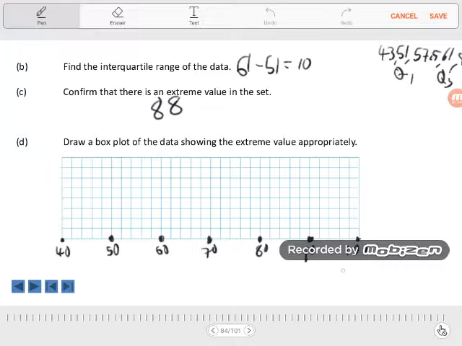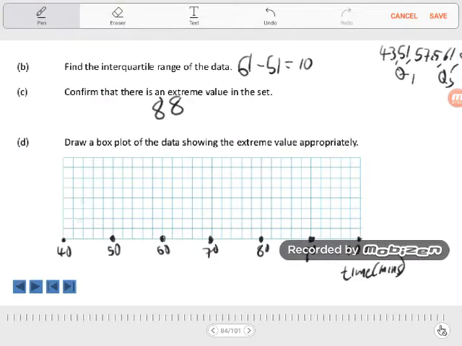I assume this is in minutes. Okay, so let's rule a line firstly for our minimum. So 43 is right about here. Then 51 about here.